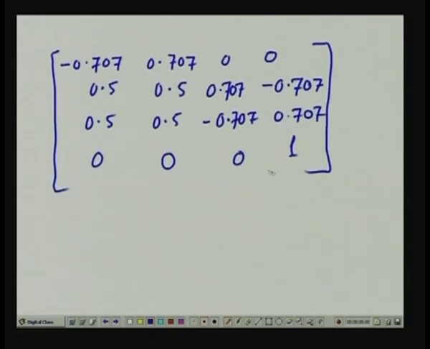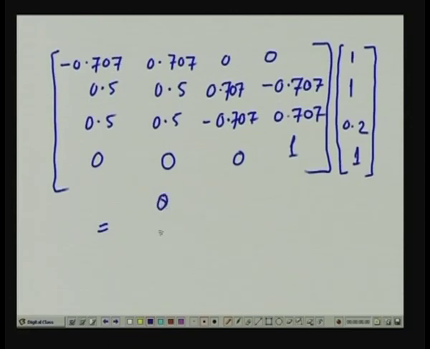If I apply this transformation to my original 3D world coordinates, which was 1, 1, 0.2, then 1, what I get is the coordinates of the point as observed by the camera. If you compute this, you will find that this will come in the form 0, 0.43, 1.55 and then 1, again in the unified form.